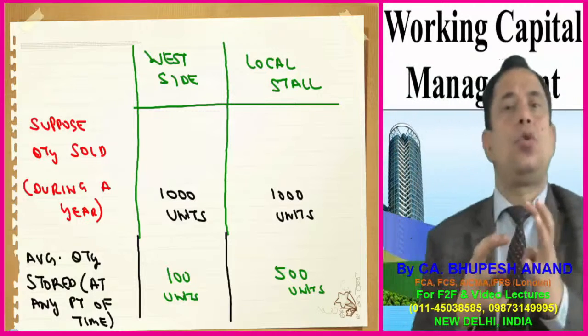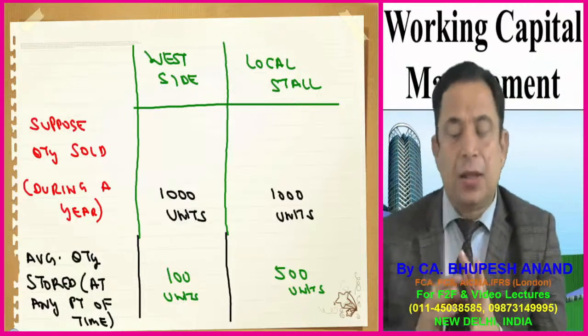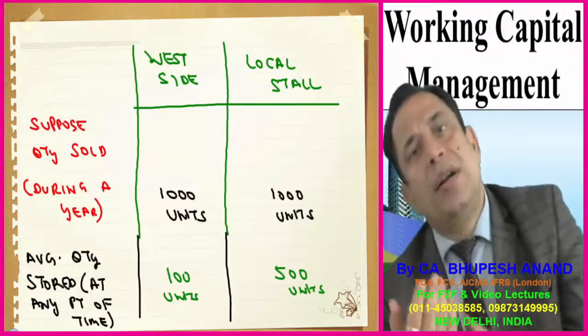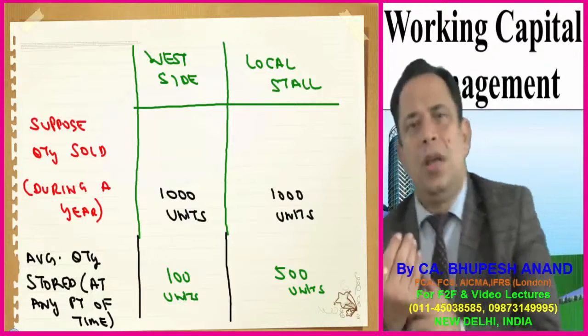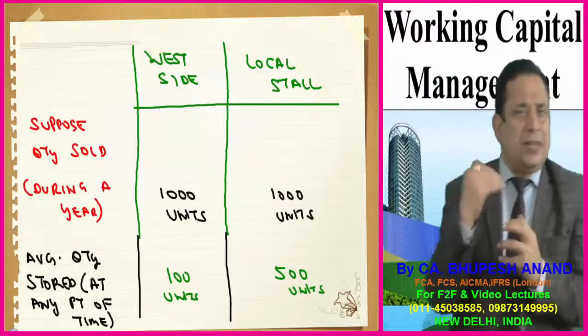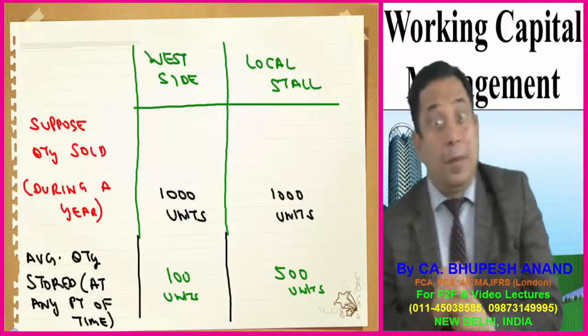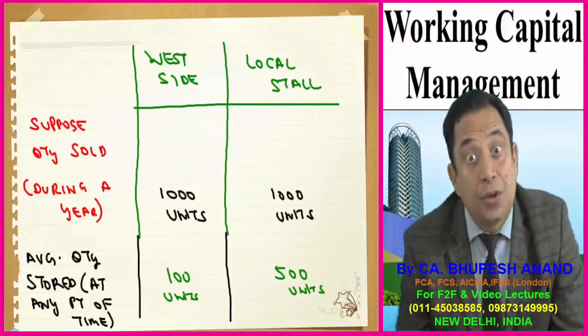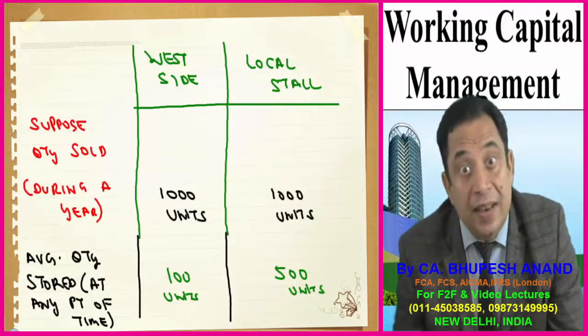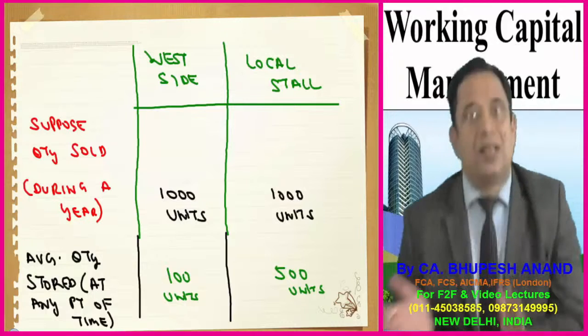Suppose the quantity sold by West Side is 1000 units, and similar is the quantity sold in a year by that local stall. Because I want to tell you something, that's why I have taken the same figure. It can be a hypothetical example also. But just now I have told you that in a branded shop, the number of varieties is lesser as compared to other unbranded ones.